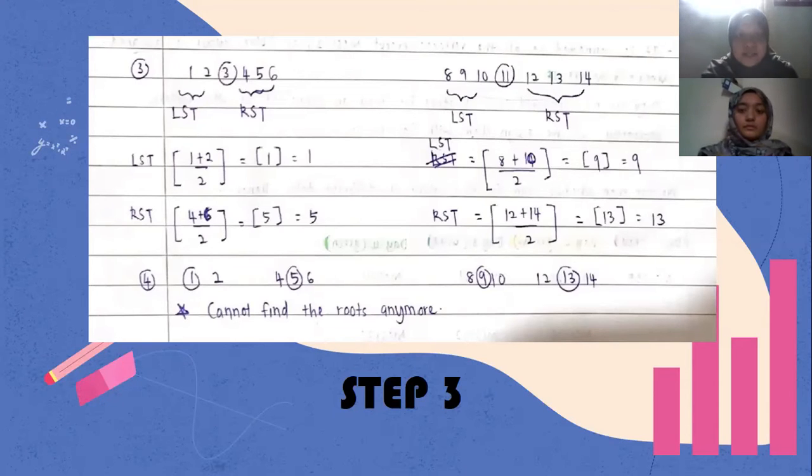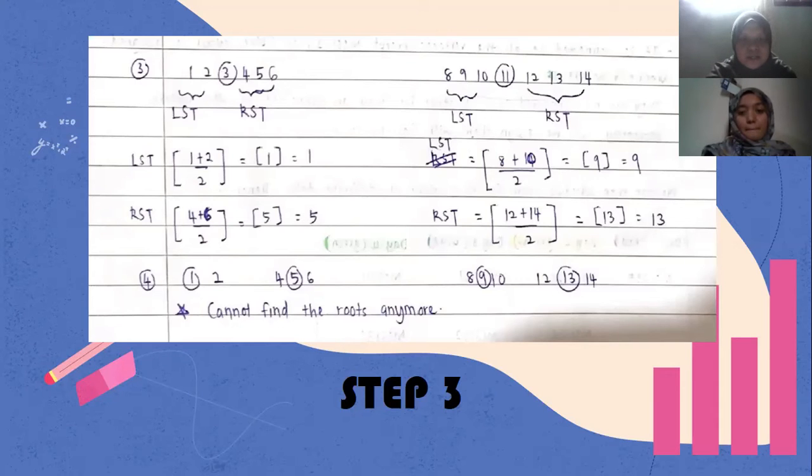For 3 as the root, for the left subtree we will have 1 as the lower and 2 as the upper. So 1 plus 2 over 2 equals 1. For the right subtree we will have 4 as the lower and 6 as the upper.